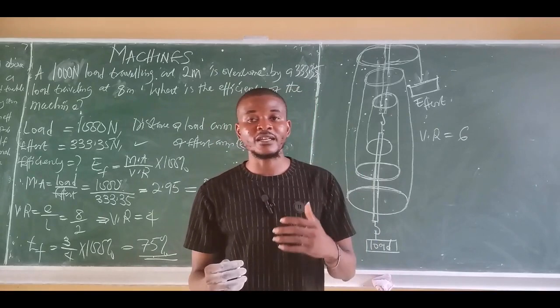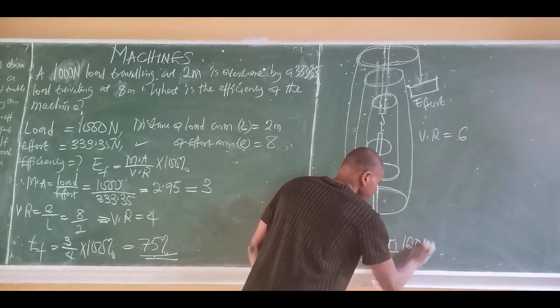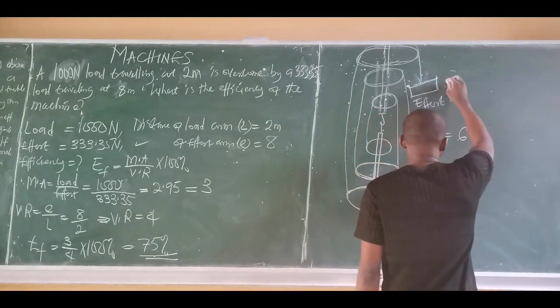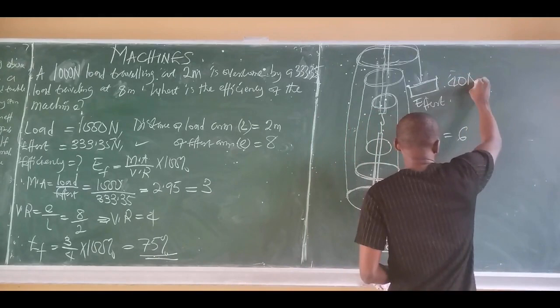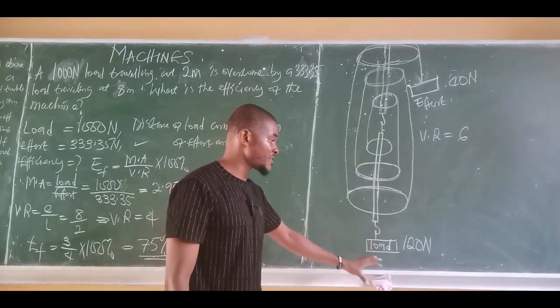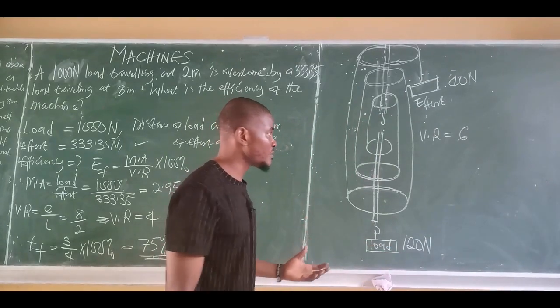So let's say that the load being sent down is a 120 newtons load, and let's say the effort applied is 40 newtons. Then what is the efficiency? It's as simple.